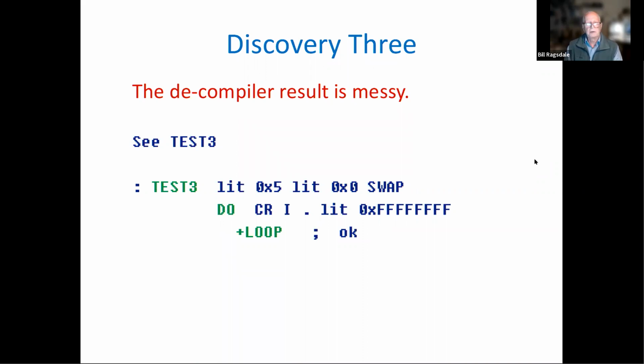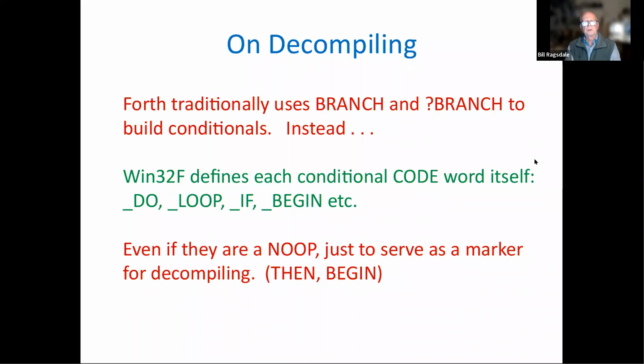I thought, well, what would it take to modify the decompiler? So I go into the decompiler and I find out that whereas most Forths use branch and question branch to build the conditionals, instead, Win32 Forth defines each conditional as a code word by itself. So do, loop, if, begin, and so on, all are written in machine code, and they are individually discrete because they can be associated with a high-level word for the decompiler.